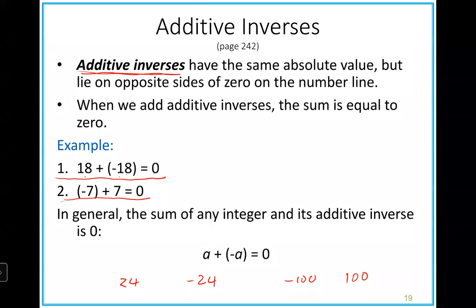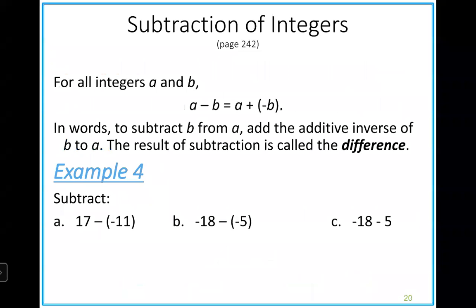And that concept is useful when it comes to subtracting integers. And so we're going to look at that right now. Okay, so it says for all integers, A and B, if you're asked to subtract B from A, it is the same as adding the additive inverse.